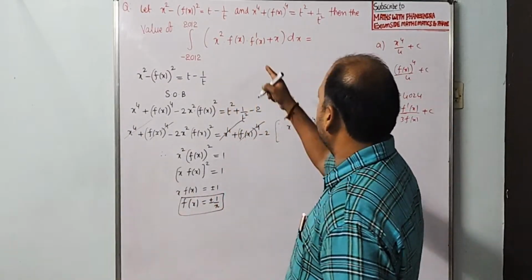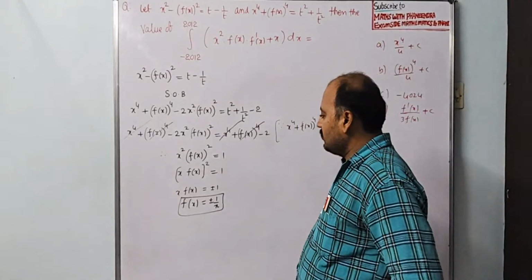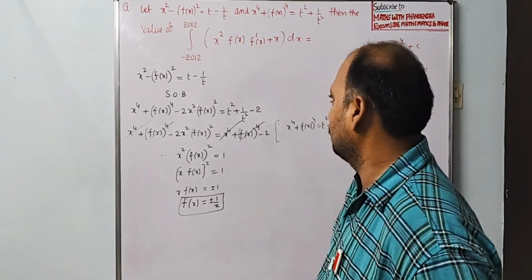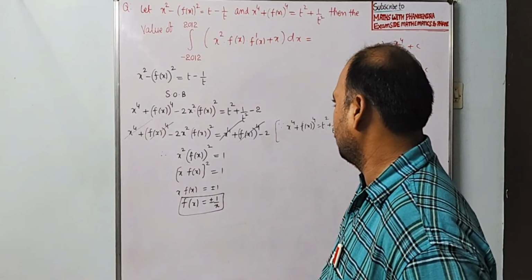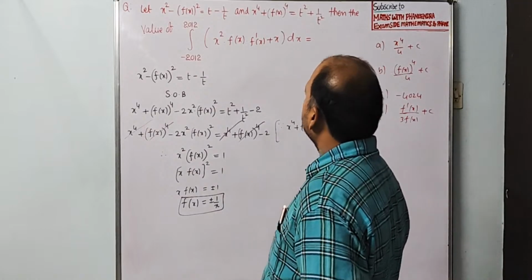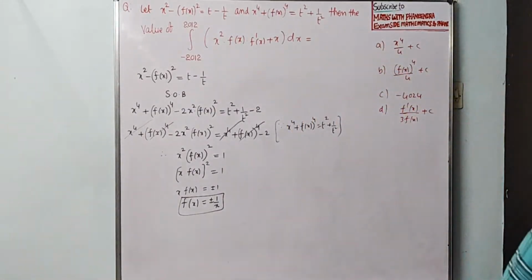Now come to the question. In this, f of x value is what? 1 by x. Here minus 2012 to 2012 plus 2000. Question 1, I will see that.